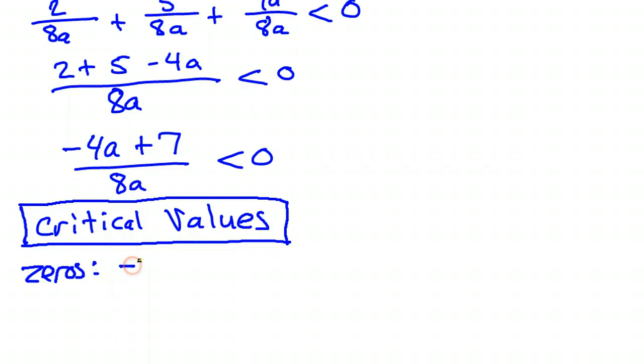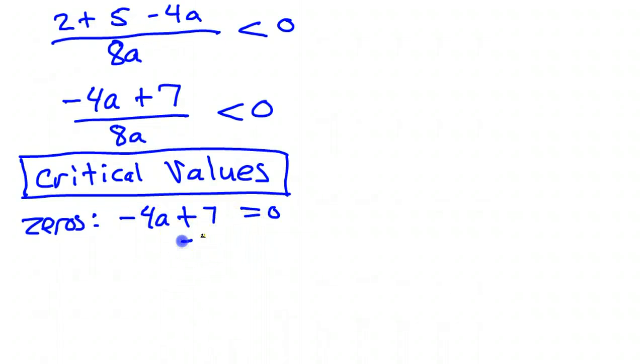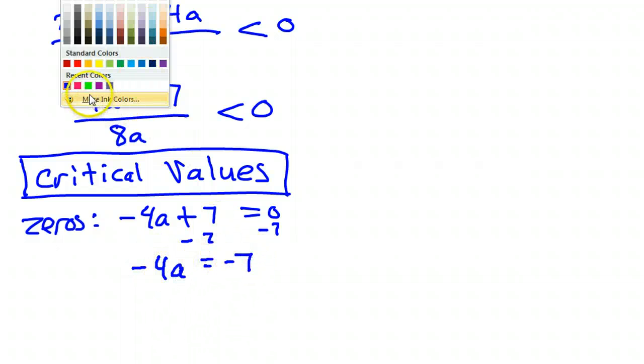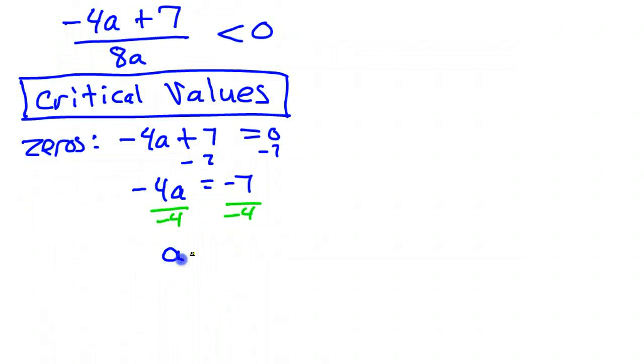So if we do negative 4a plus 7 is equal to 0, because we're finding the zeros, and subtract 7 from both sides, that would give us negative 4a is equal to negative 7, and then divide by negative 4 on both sides. So that's going to give us a is equal to positive 7 over 4.